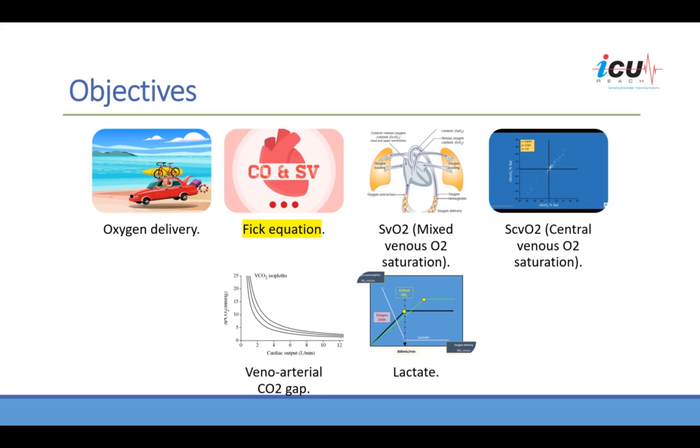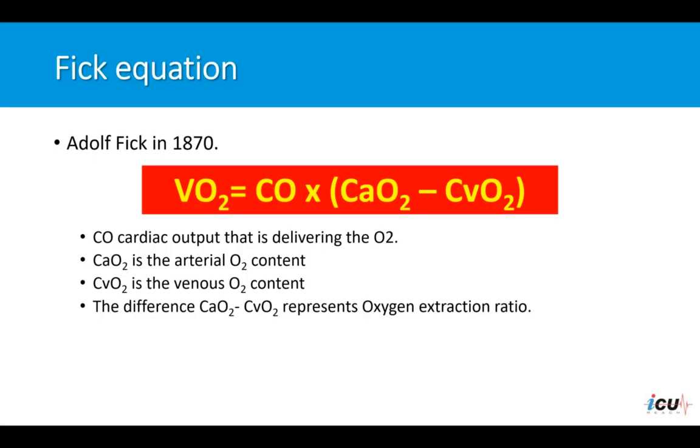The Fick equation was described by Adolf Fick in 1870, and essentially looks at the flow in any organ based on the concentration of the indicators between the arterial system and the venous system.